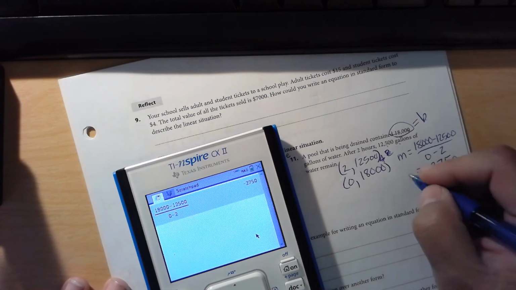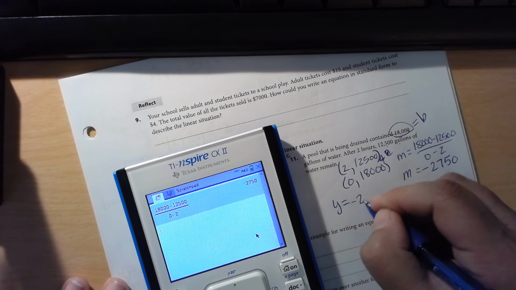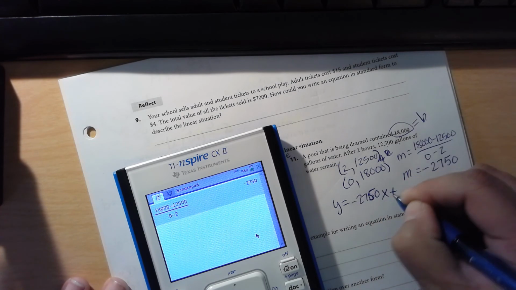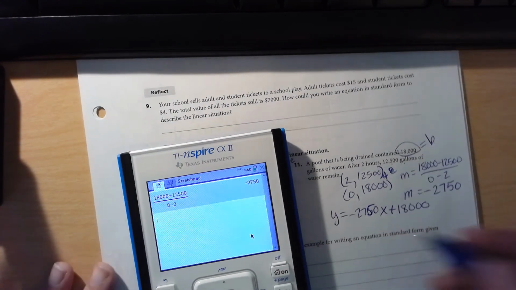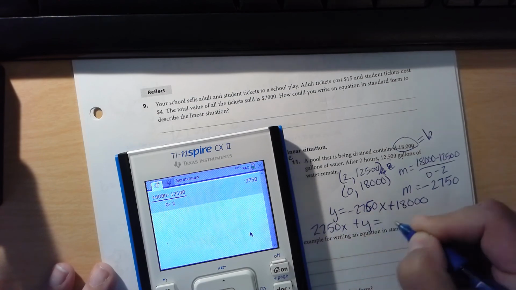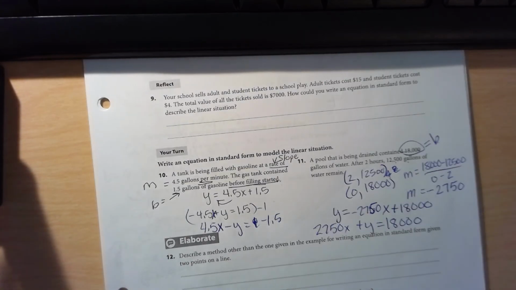Okay, so that's our m. So y is negative 2,750x plus 18,000. Okay, and then we just move our x: 2,750x plus y is 18,000. And that's all you'd have to do.